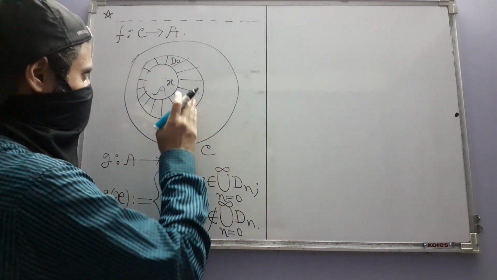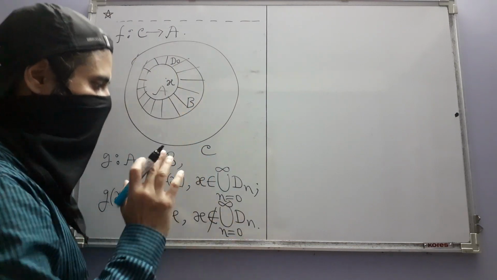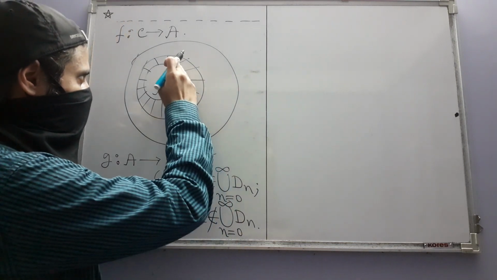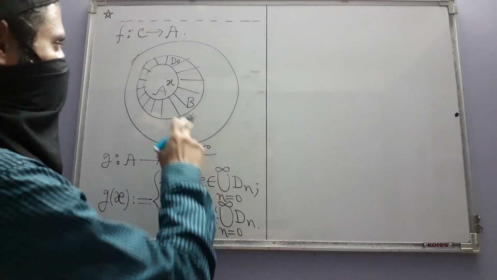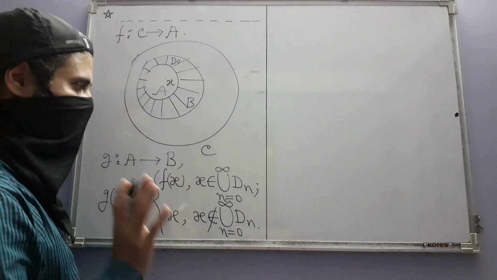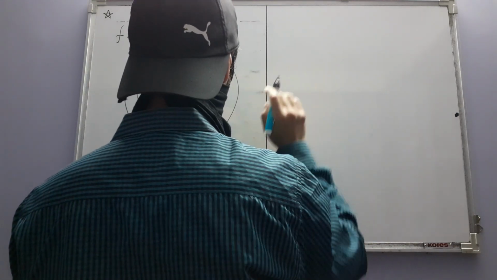Remember, I already said a while ago that D0 may or may not be empty. So in general, there is no reason to consider that D0 always will be empty, that is, that A is always equal to B. A may be a proper subset of B. In that case, D0 will have some element.